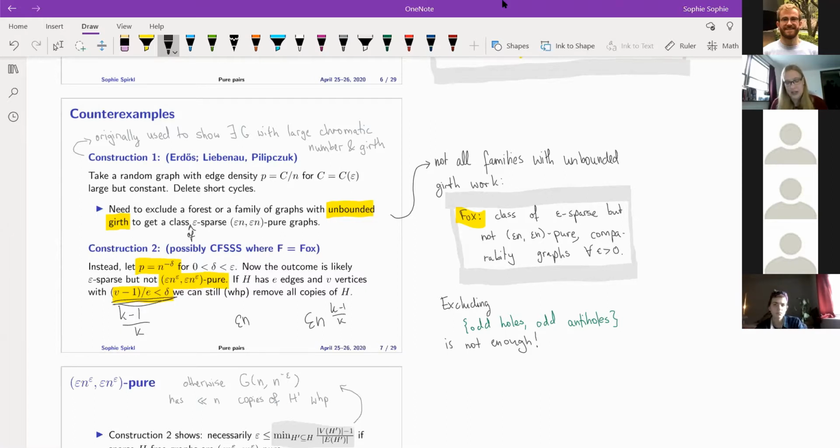So this kind of suggests that excluding all subdivisions might be the best we can do, or at least it's not as easy as needing unbounded girth; we need to exclude more than just odd girth things.